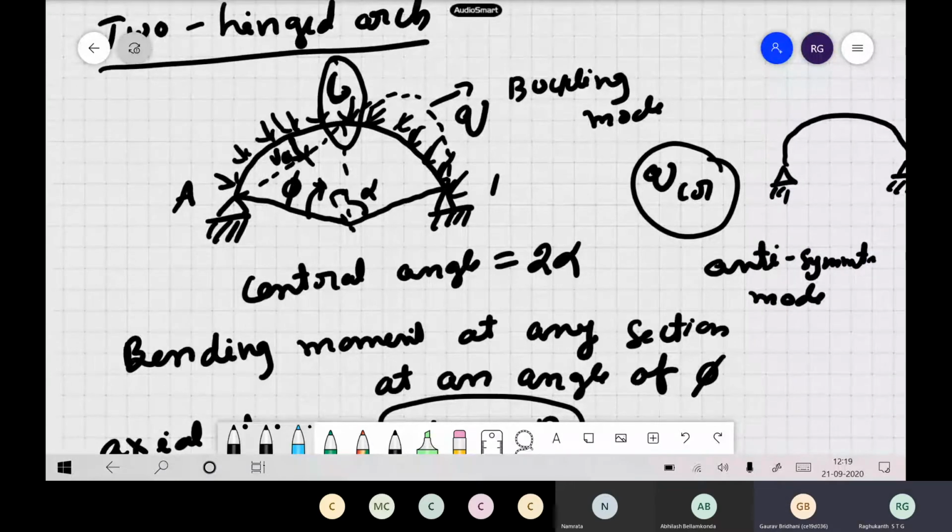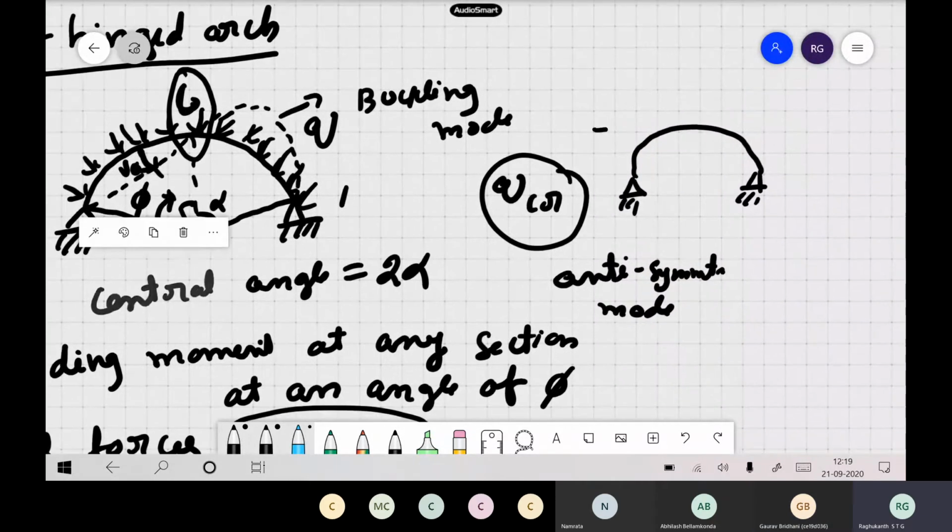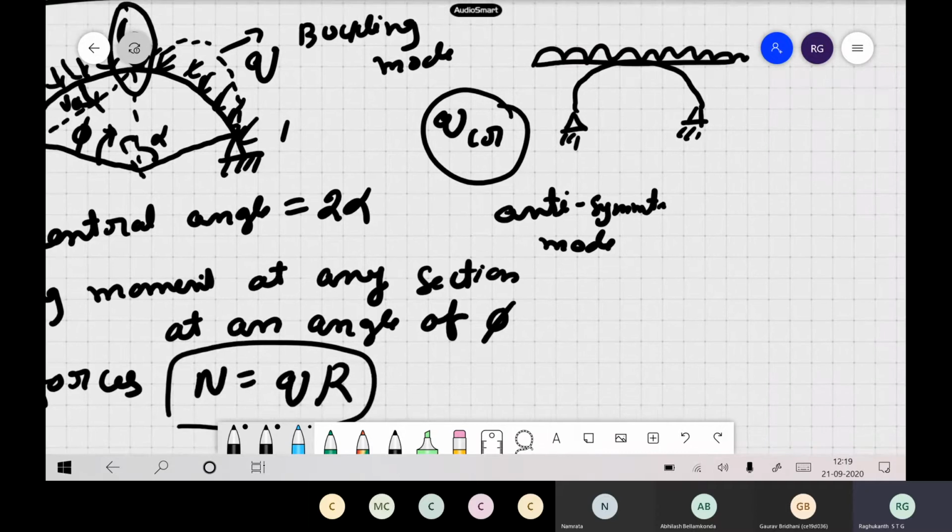Arch bridge is okay, but in reality, sometimes you can have a load like this also. In your structural analysis, you would have done a uniformly distributed load, not a radial distributed load, you understand? So both are different. This is also UDL, that is also UDL, but here the UDL is this way, and here the UDL is radial. Where do you see these things?